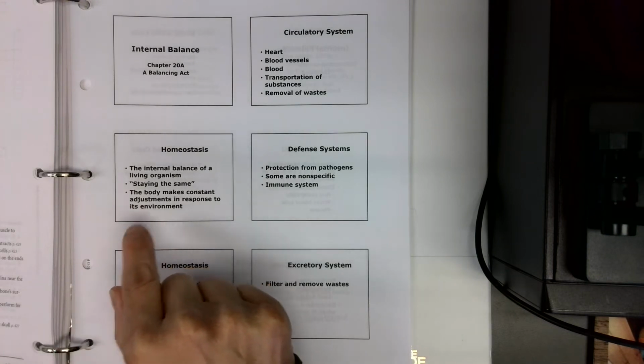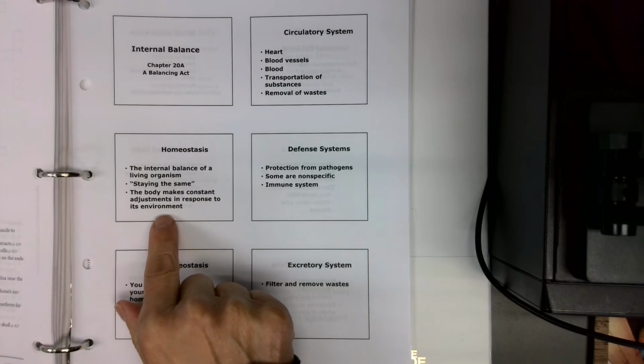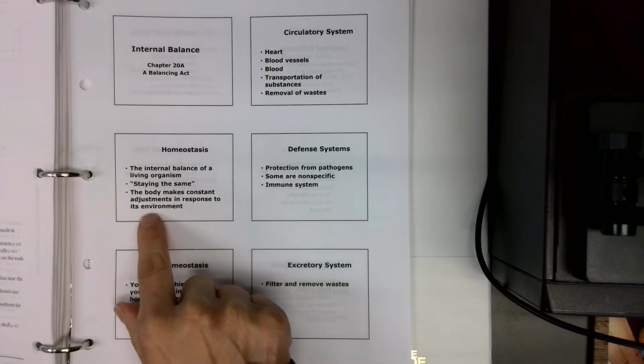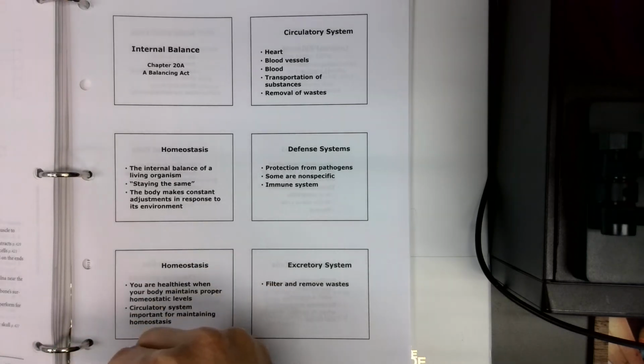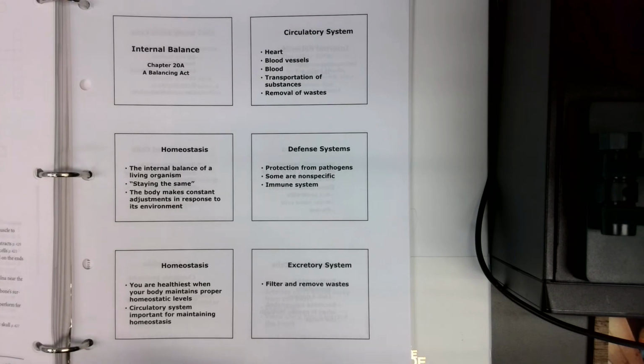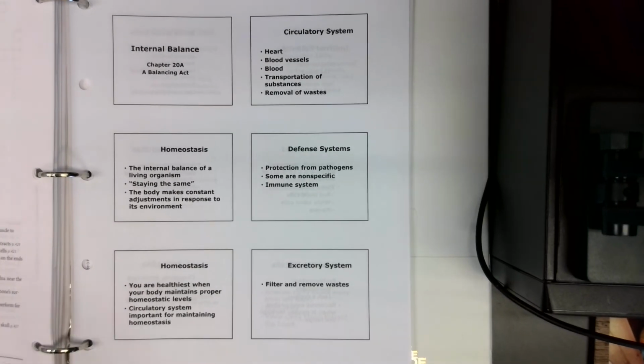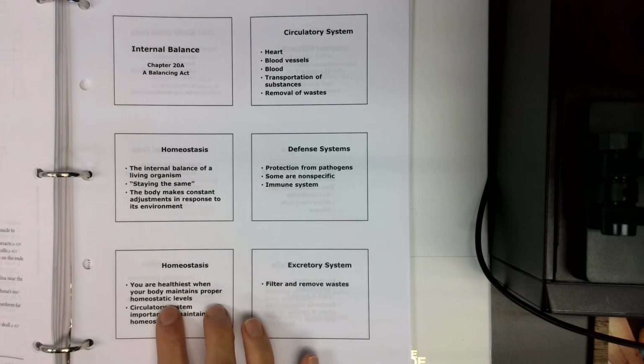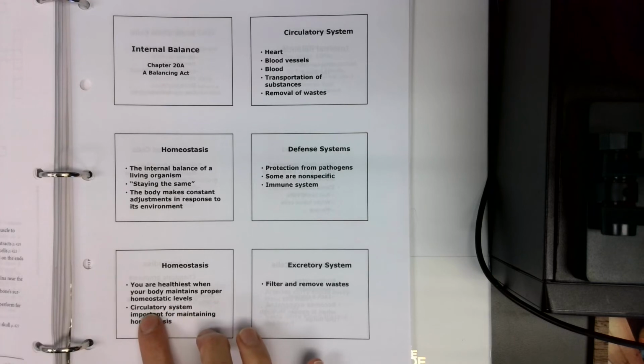It's in reference to the fact that the body makes constant adjustments in response to its environment, right? So in order to keep our body at the proper temperature, we have to make adjustments to be able to do things to heat it up or do things to cool it off. You are the healthiest when your body maintains your proper homeostasis, right?